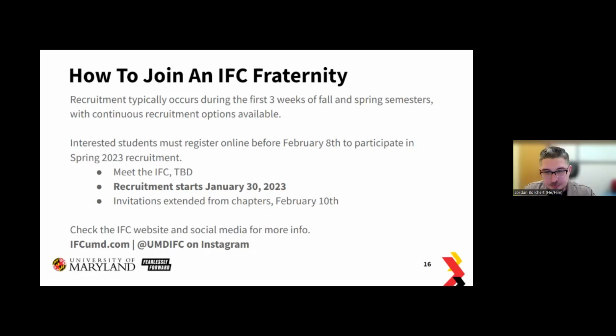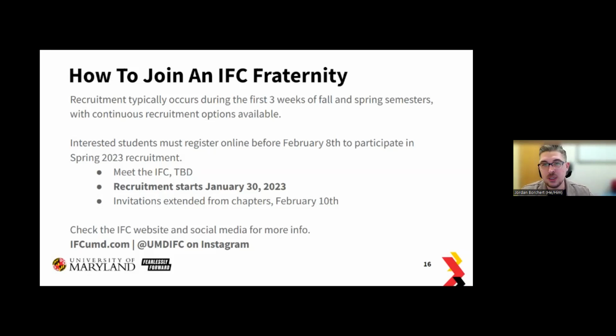That's how you're going to know if it's the right fit and the right connection. So on February 10th, bids or invites will be offered to the students, and the students have the ability to accept the invitation, and then they would start their new member education process. At the University of Maryland, in the Department of Fraternity Sorority Life, we have a 6-week maximum of time that they'll be going through new member education.